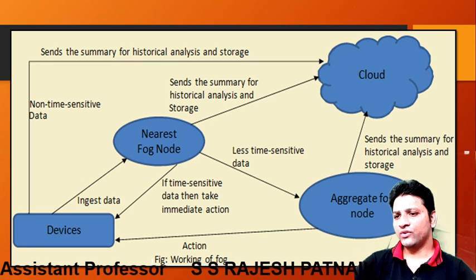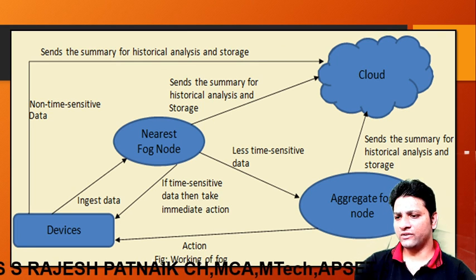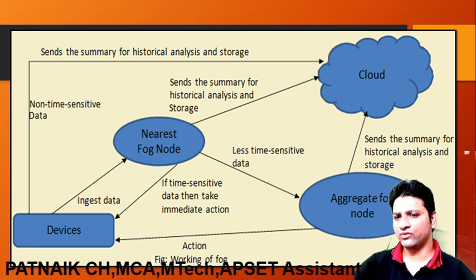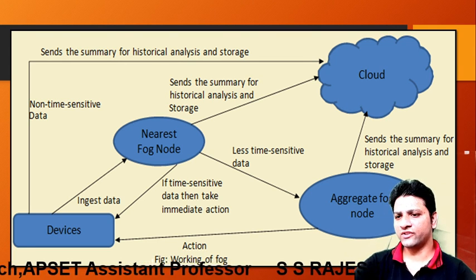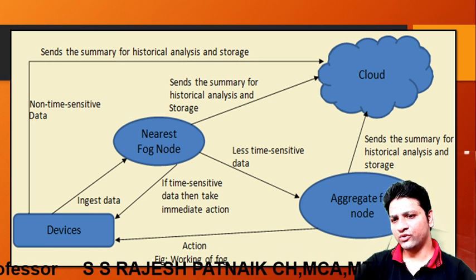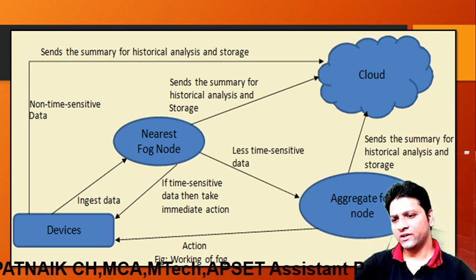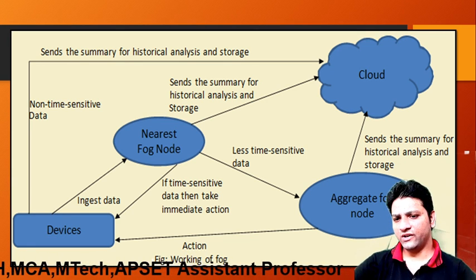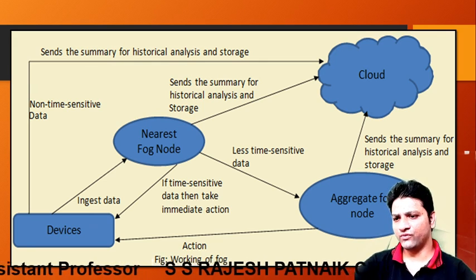If it is non-sensitive data, the device will store it directly to the cloud. The summary of the historical analysis will go to the cloud. Otherwise, the nearest fog node will send the historical analysis, and the storage will go to the cloud. So this is the working of fog computing.